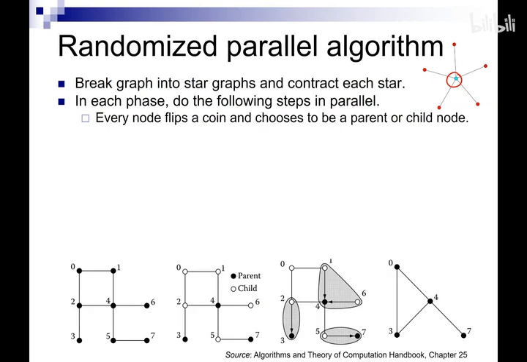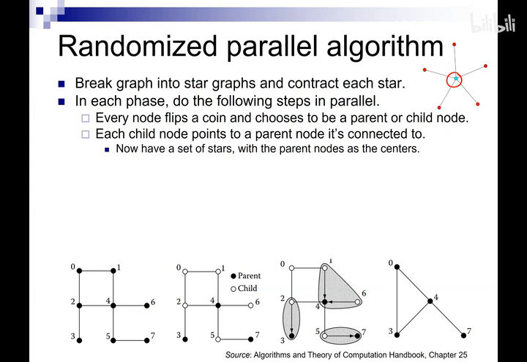Now to do this, we're going to run a number of phases, and in each phase, we're going to do the following steps in parallel. The first thing is that every node is going to get a random number. It's just going to flip a coin, and the coin is going to produce a random result. Based on the coin flip, the node is going to choose to either be a parent node or a child node.